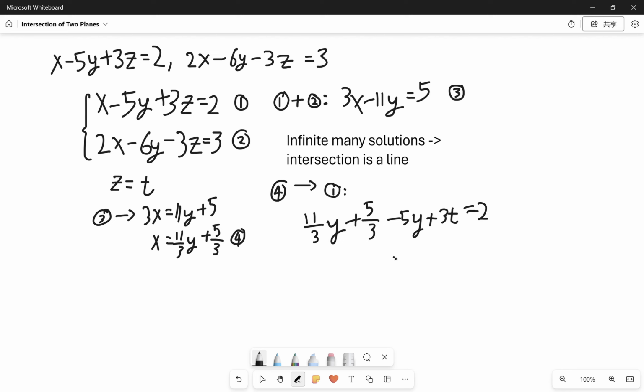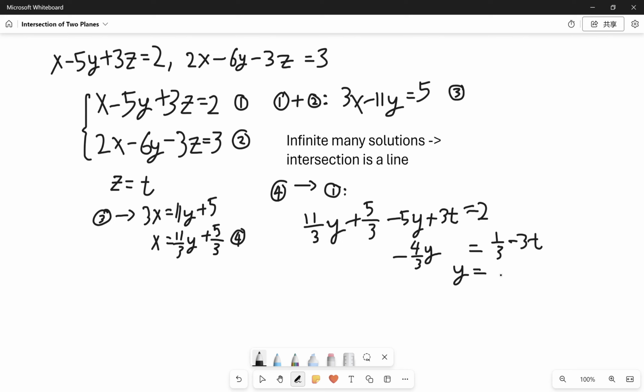So 11 over 3 minus 5y is 11 over 3 minus 15 over 3 y, which is negative 4 over 3 y. And then if we move the other stuff to the right hand side, 2 minus 5 over 3 is 1 over 3, and we have minus 3t.